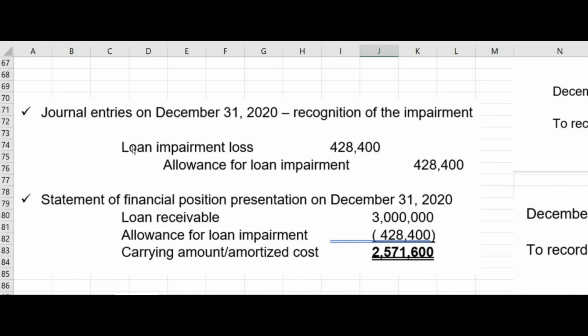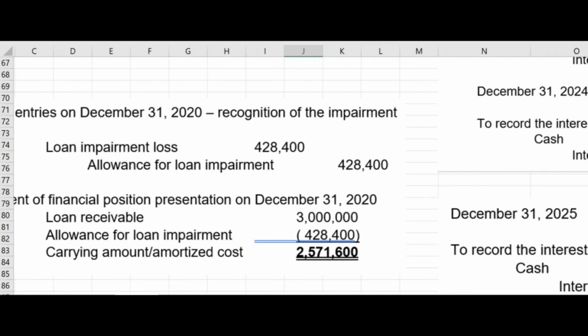So, you debit loan impairment loss at 428,400 and a credit to allowance for loan impairment amounting to 428,400. So, presentation-wise, ganito yung pag-present natin sa December 31, 2020. So, your loans receivable is 3 million. Reduce that by 428,400. So, your carrying amount is 2,571,600.